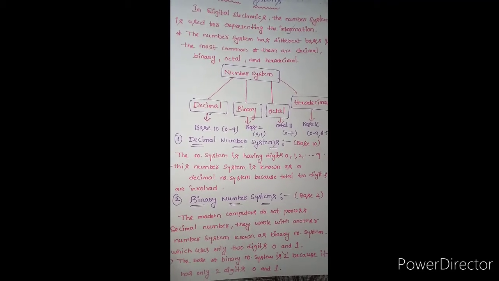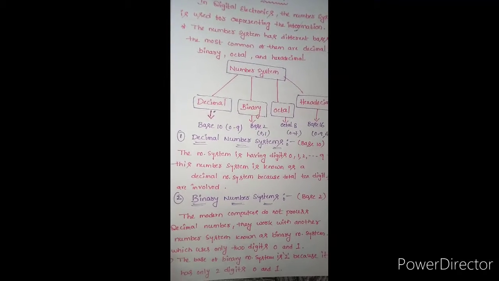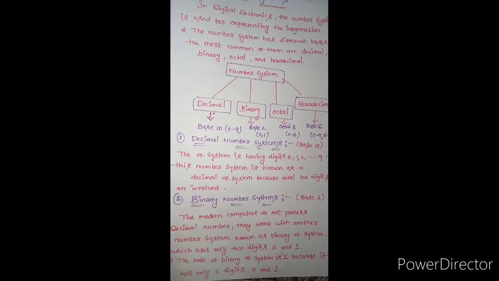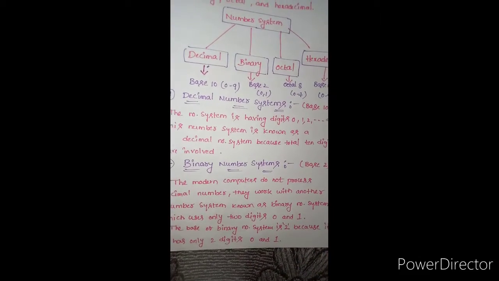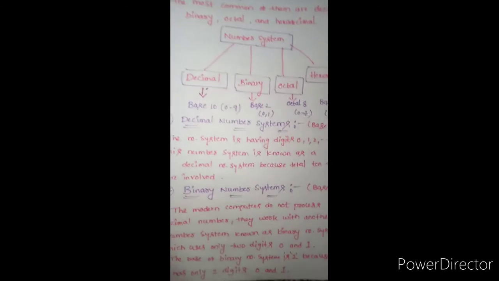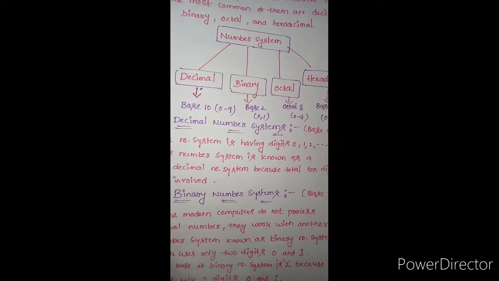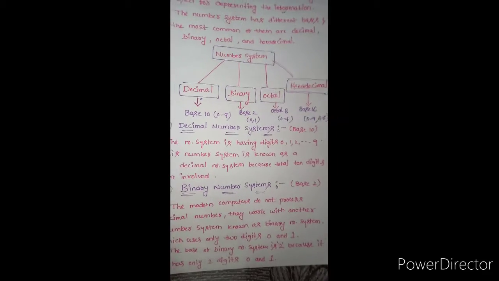They work with the binary number system, which has only 2 digits, that means 0 and 1. The base of the binary number system is 2 because it has only 2 digits, 0 and 1. So this is known as a binary number system.